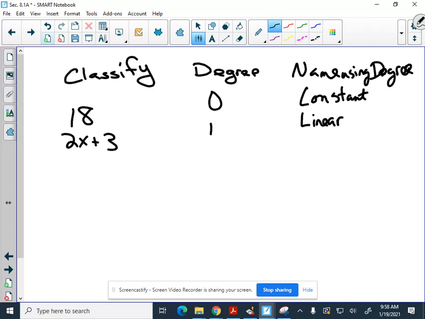So when we're talking about the degree, the next one is 3x squared plus 2x plus 3. Second power, which we just said is called a what? Look back on the page before. Quadratic.